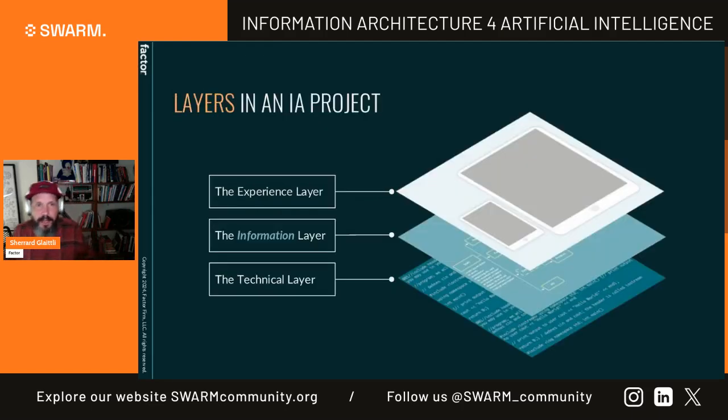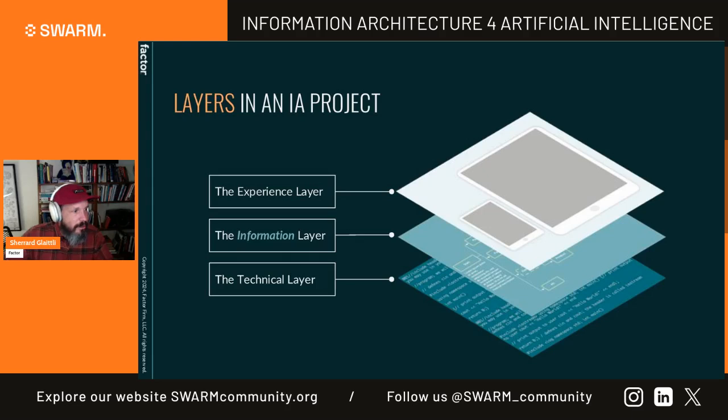So at Factor, we have a model that we use to understand the relation of UX and information architecture and enterprise architecture or IT ops within context.